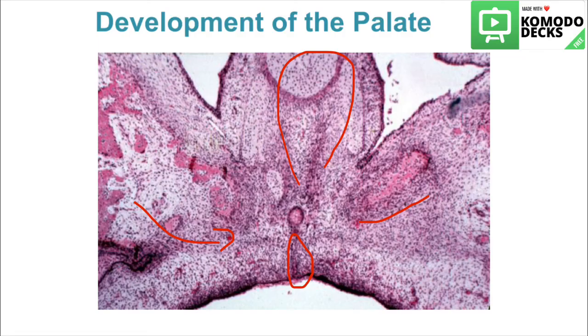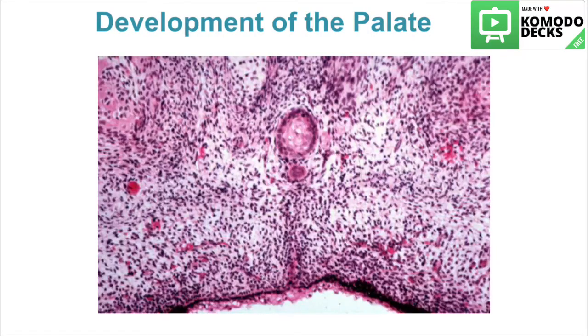This is the start of formation of the neurovascular bundle in the mesenchyme. Again, this is more obvious, the migration of the mesenchyme to disintegrate the midline epithelial seam.